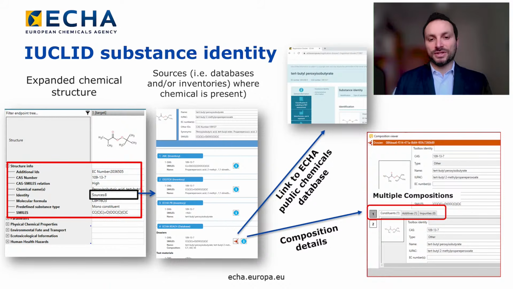And if one of these sources is an IUCLID database, then you will have the link to the ECHA public chemicals database in the case of ECHA REACH, or the link to your own IUCLID database. And this you can access by clicking on the button with the IUCLID logo. And then if you click on the button with the I in the blue circle, you can access composition details and even multiple compositions when they are available.